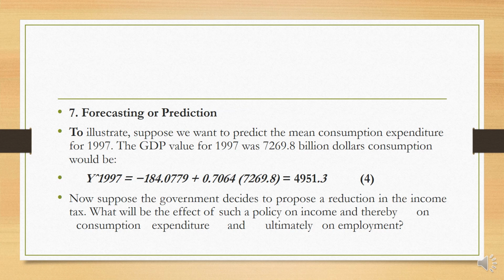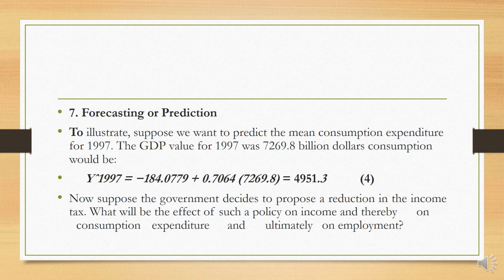Here we put the value of x, that is, the value of GDP in 1997, $7,269.8 billion. And when we calculate this equation, we will get 4,951.3, the predicted value of personal consumption expenditure if the GDP is $7,269.8 billion.